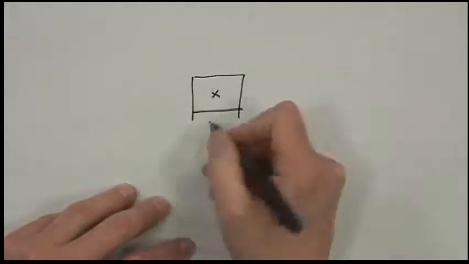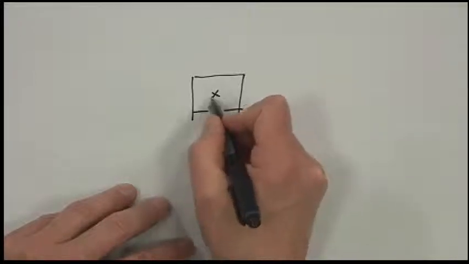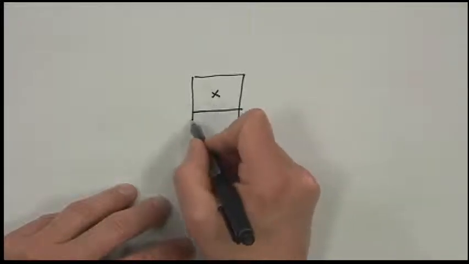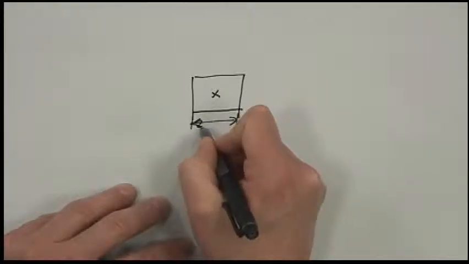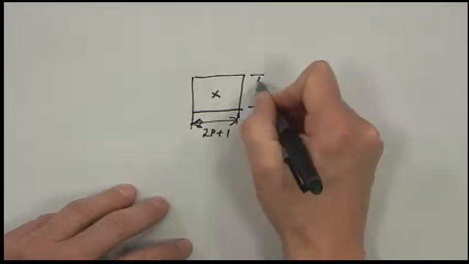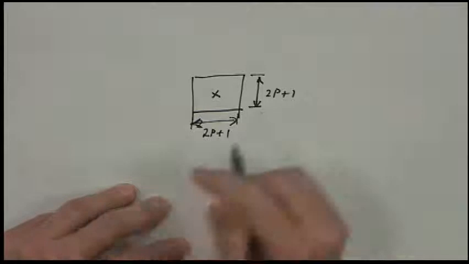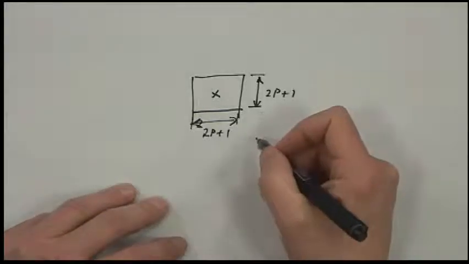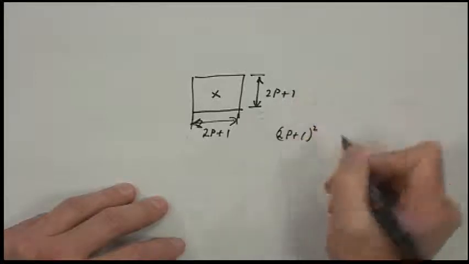Let's say you're using P previous points in one direction, then the width of this window is going to be 2P plus 1 by 2P plus 1. So the total number of multiplies for the FIR part is going to be 2P plus 1 squared.